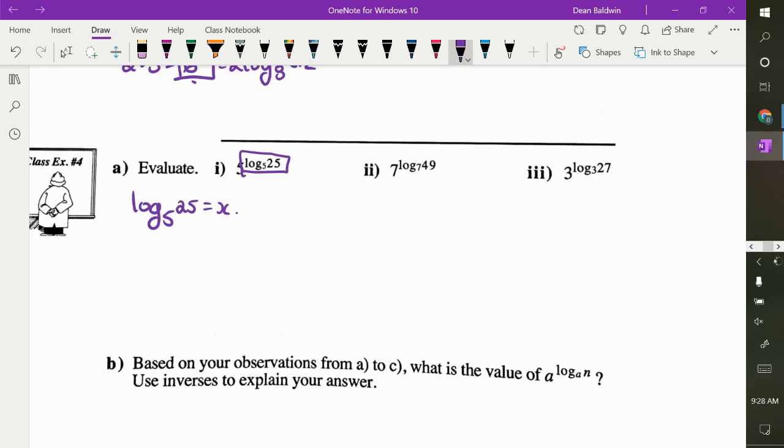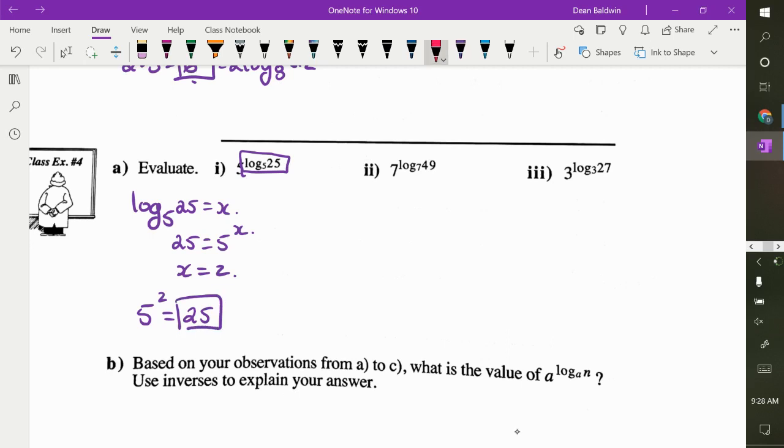So you're going to change to exponential. So what does x equal here? Has to be 2, right? Does everybody agree with that? So I get x equals 2. That's the exponent, right? So now I'm left with 5 to the power of 2, which is what? 25.